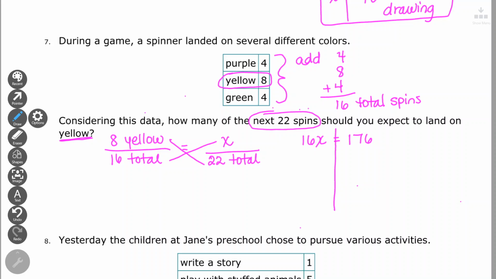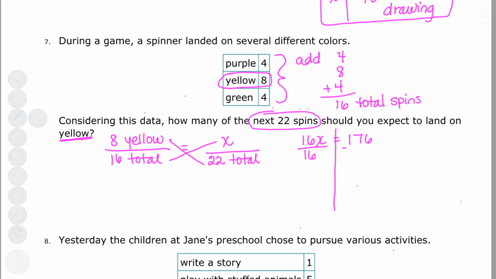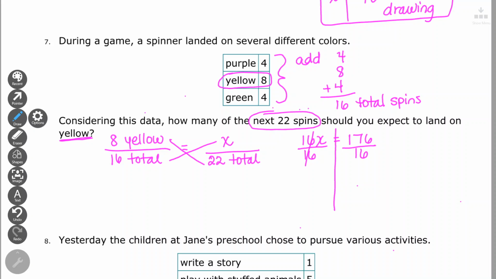Right now, 16 is being multiplied by x, so we have to divide by 16 in order to get rid of that and to isolate the variable. X equals 176 divided by 16 is 11. So we can expect the spinner to land on yellow 11 times if there are 22 spins done.